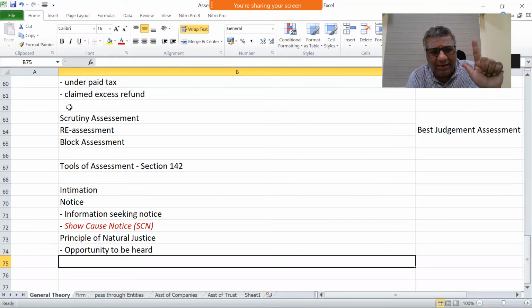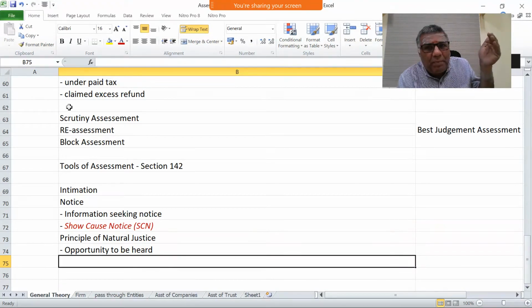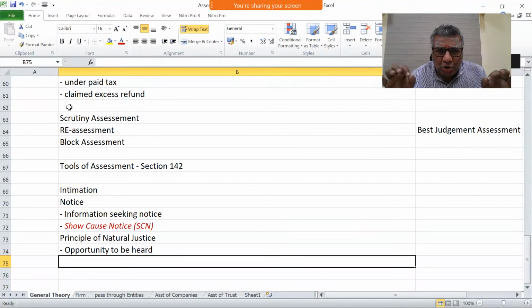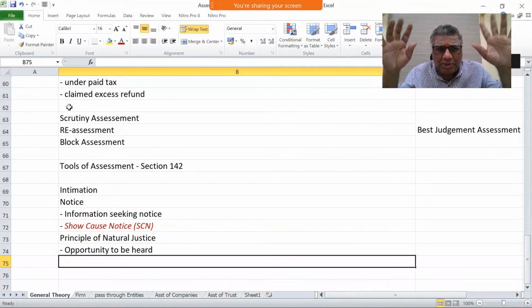Second, assessing officer is going to pass an order which is going to be prejudicial to the assessee, which is going to be against the assessee. He cannot do so unless an opportunity is given, rejection of APA, rejection of advance ruling, everything unless an opportunity.